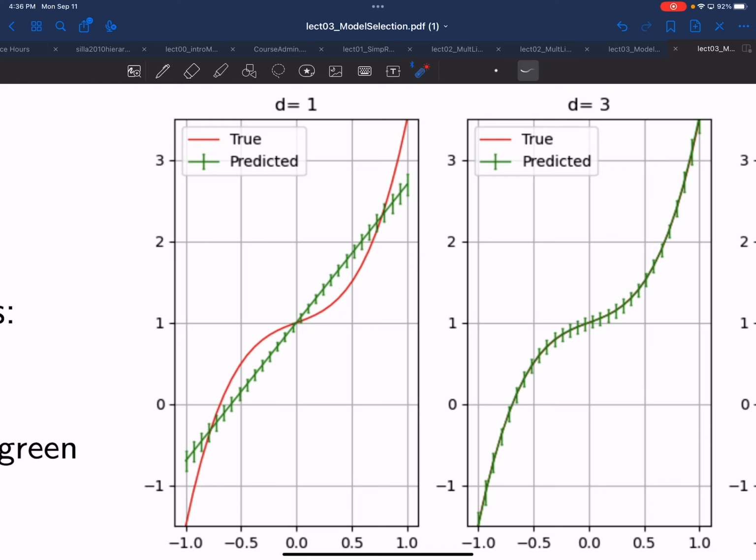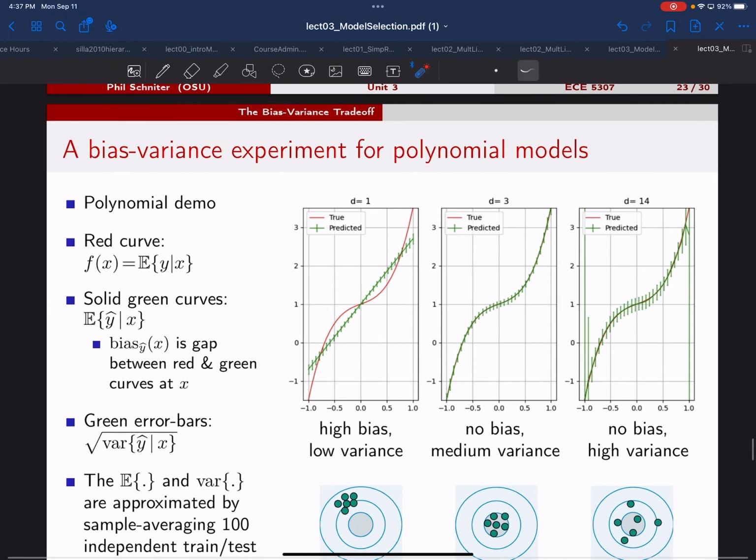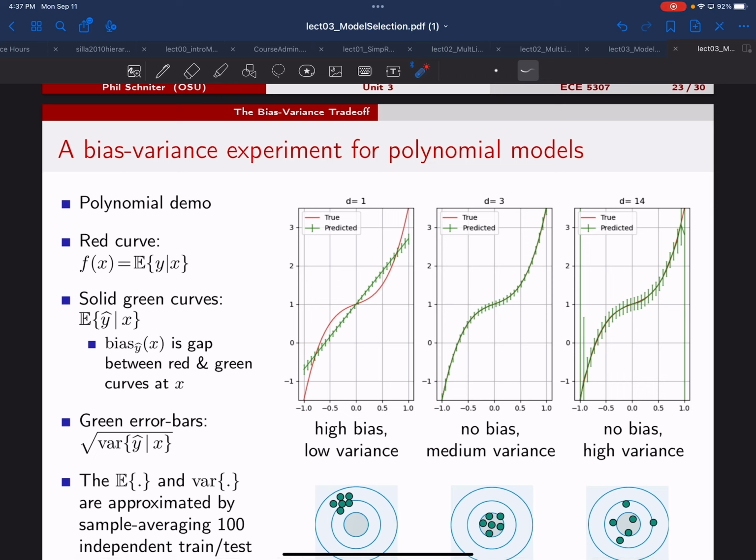So you can see that there's some variability in the intercept. The whole line is moving up and down a bit. But there's also variability in the slope, in that the error bars on the edges are bigger than the error bars in the middle. So it's wiggling around, steeper, less steep, also up and down. But these error bars show you exactly how much it's wiggling around. Okay. And again, the red is the true model.